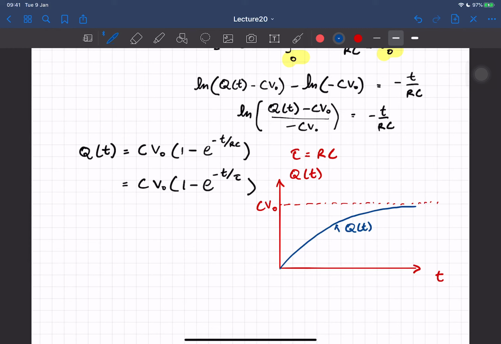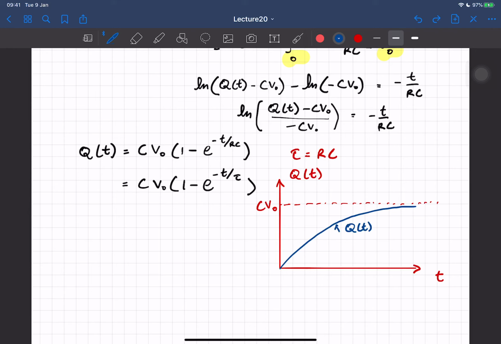Okay, so this is the charging effect. Right at the beginning, t equal to 0, you have no charge on the capacitor. And when you wait longer and longer, you're going to have more and more charge, and eventually it's going to approach this value. That's when it's fully charged.